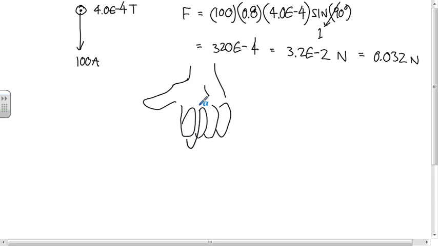So this is the direction to make I align with B, and so this is the force direction. So it's toward the other wire.